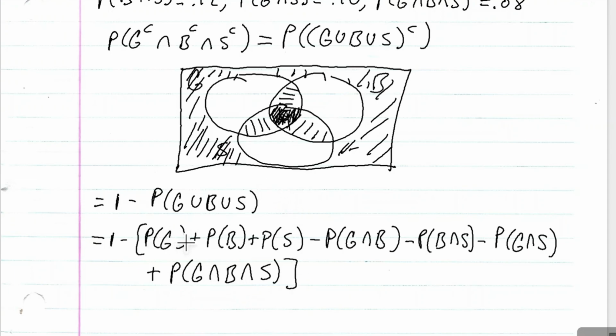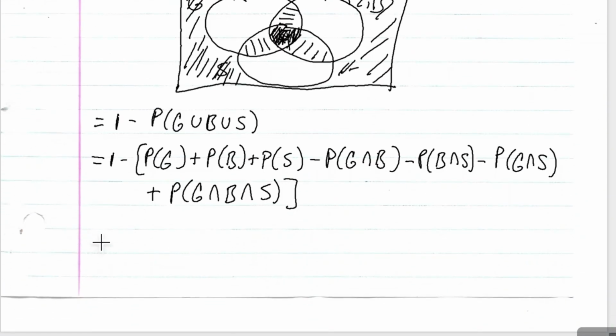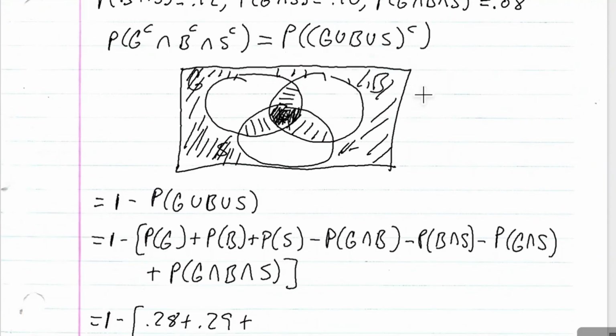So the great thing about this is I have all these values right here. So I know this is equal to 1 minus, so the probability of G was 0.28. The probability of B is 0.29. And I believe the probability of S was 0.19.